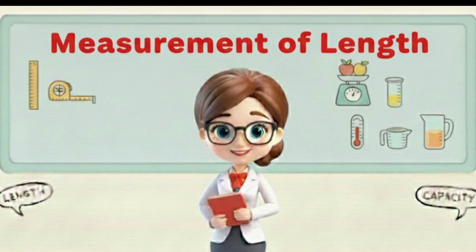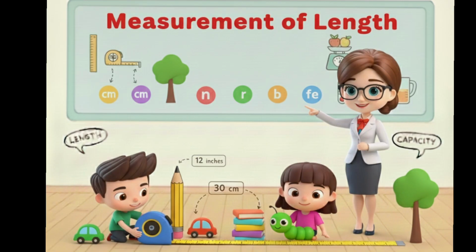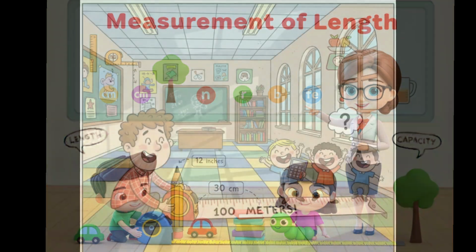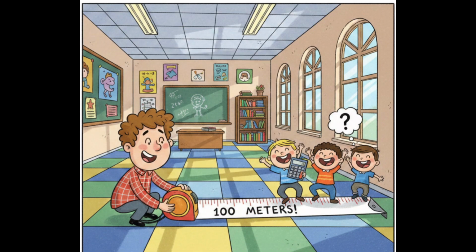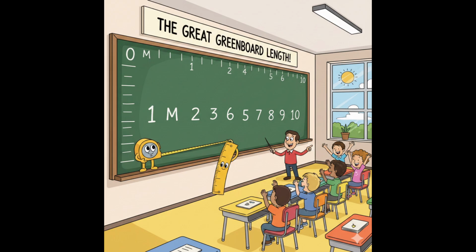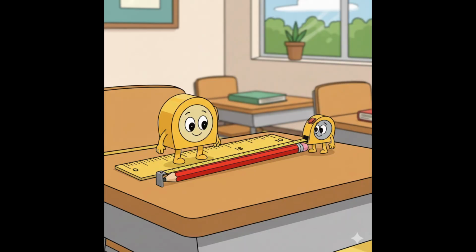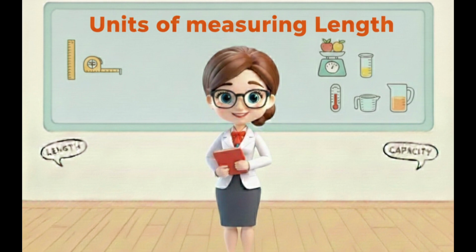First, let us see what is measurement of length. The word length is used to measure how long an object is. For example, length of the classroom floor, length of the green board, length of a pencil, etc. Here are the units of measuring length.